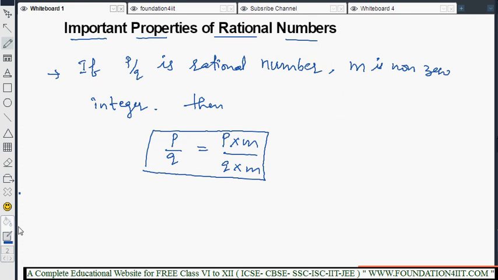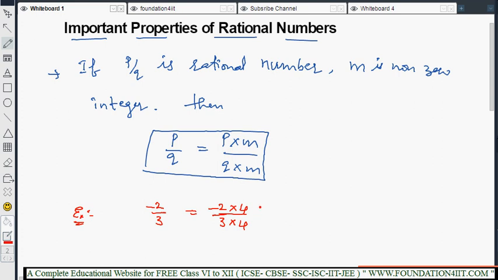For example, take minus 2 by 3, which is a negative rational number. Take some other number, 4. Now this is equal to minus 2 into 4 by 3 into 4.